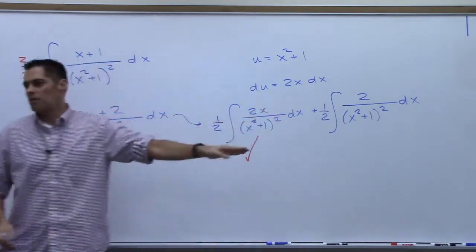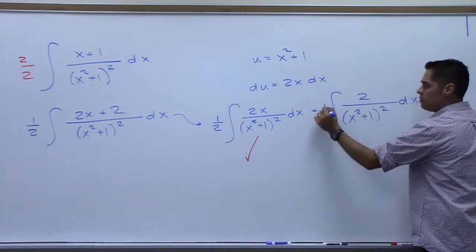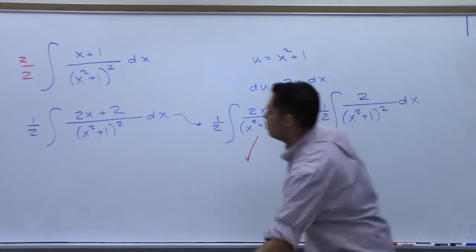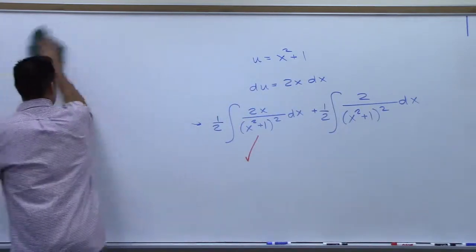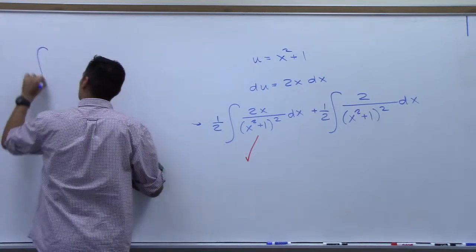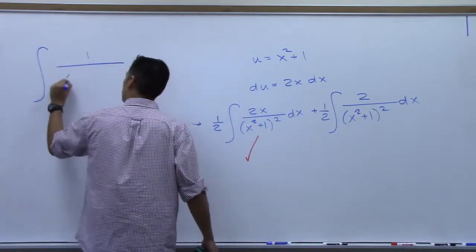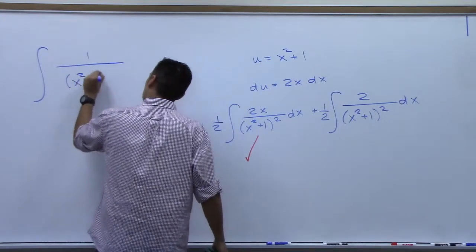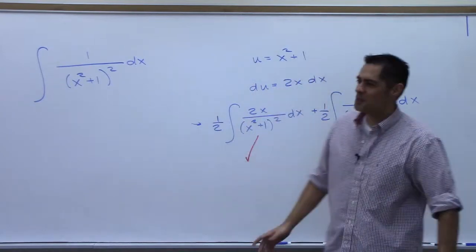I want to know what we're going to do with this one over here. Pull the 2 out, and that'll be a 1. Okay, hold on. Y'all are getting ahead of me here. Integral, pull the 2 out. I'm just looking at this one right now. I heard u sub.